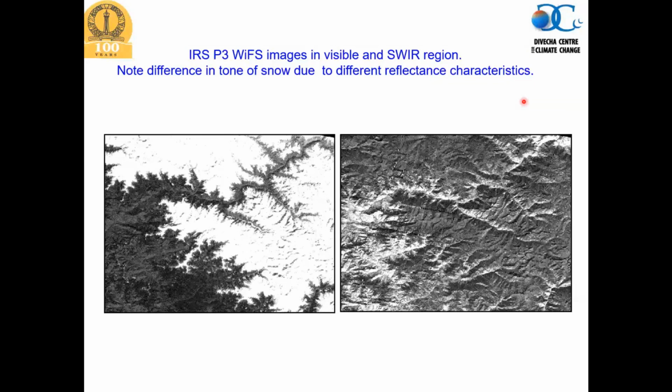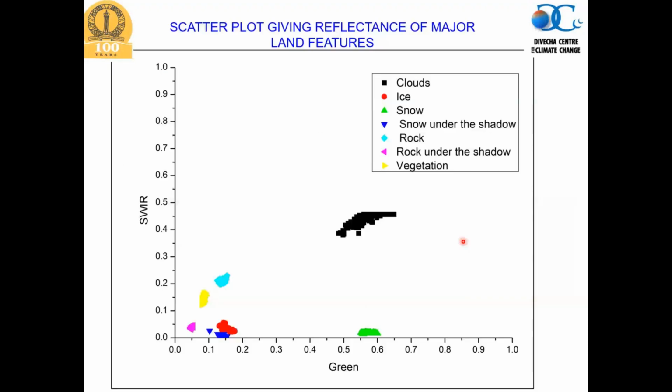So you can see here that snow has very high reflectance and is white in visible part of spectrum, and the same snow when it comes to the near shortwave infrared region, it has very low reflectance, clearly indicating that the reflectance is reflected in a tone of satellite images. So this is a very important observation you can make.